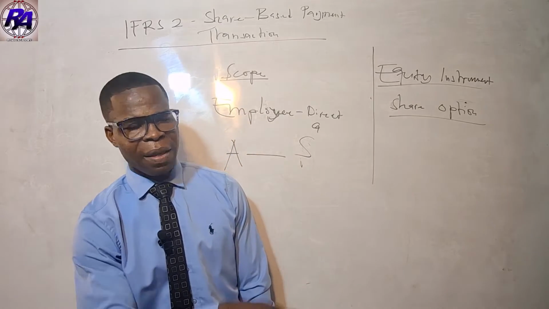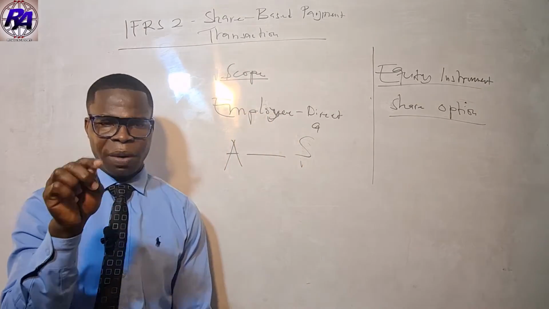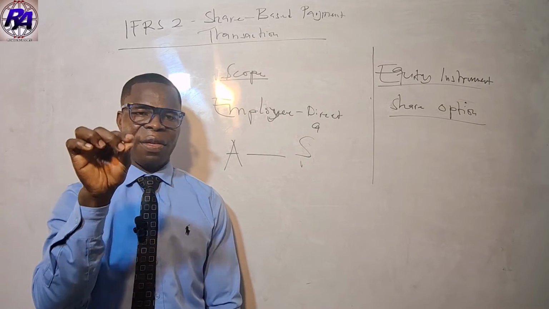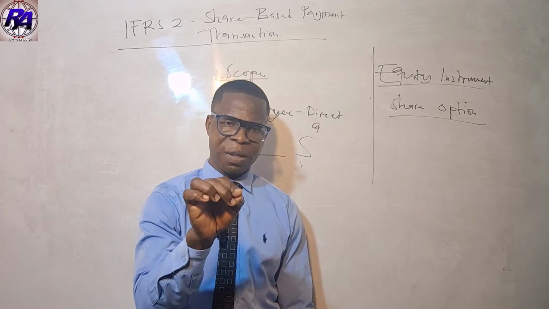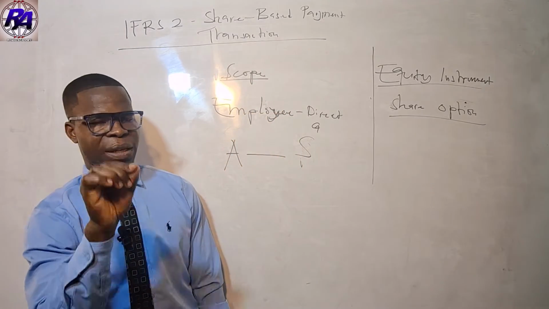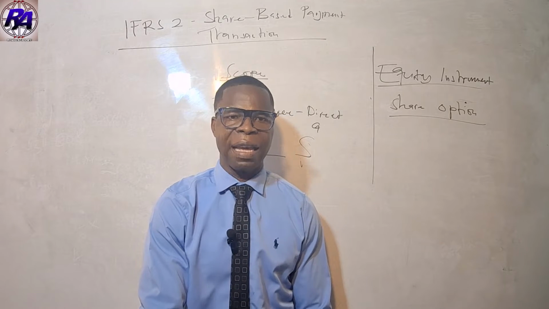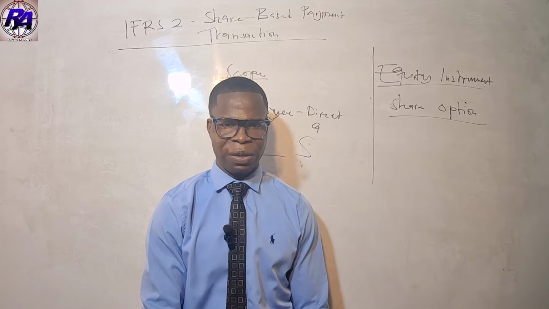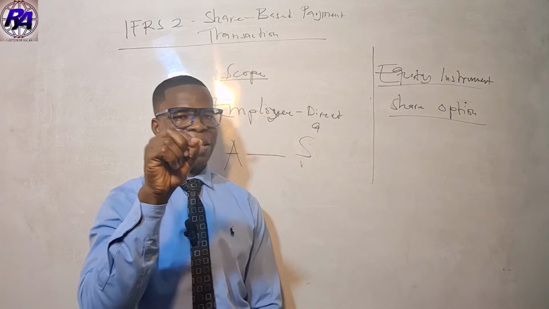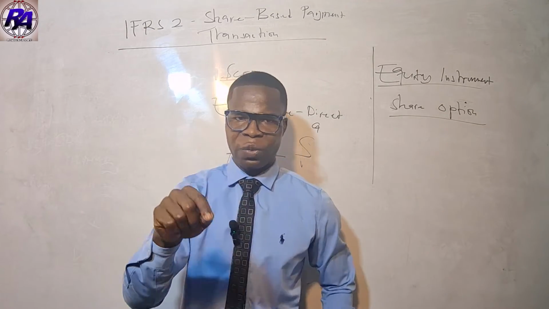So basically, this is the scope of IFRS 2. Make sure to understand the transactions and activities that are governed by IFRS 2 and the transactions and activities that are not governed by IFRS 2. Kindly take note.